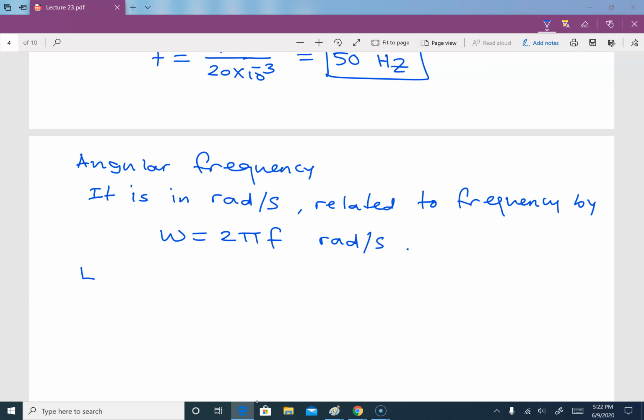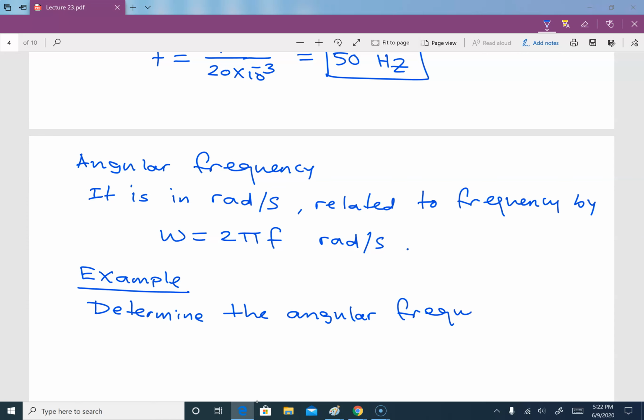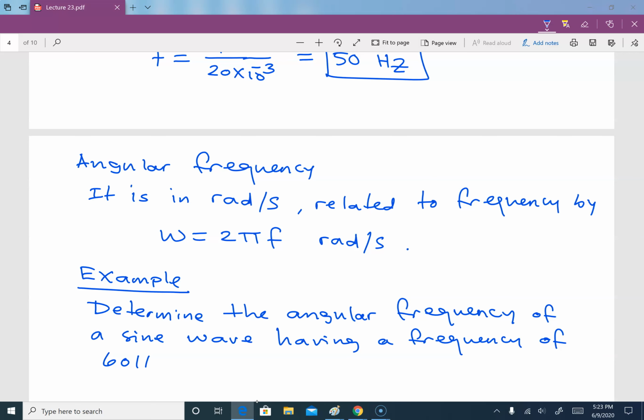So let us see through an example to determine the angular frequency of a sine wave having a frequency of 60 hertz.